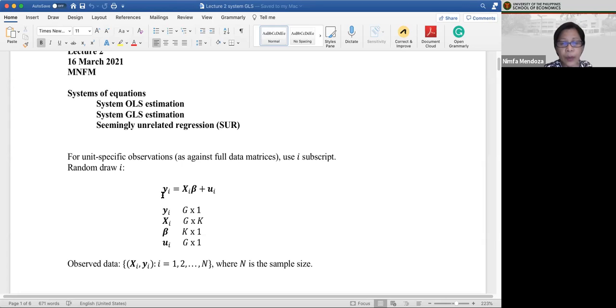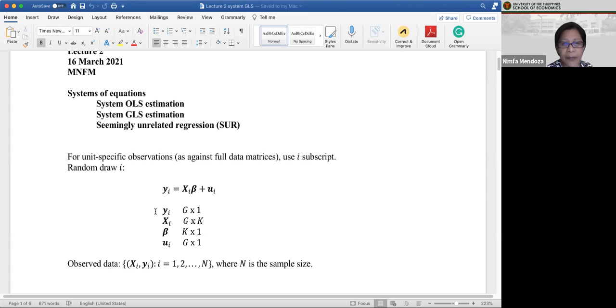Those symbols in boldface indicate that they refer to matrices or vectors. So for example, y sub i is G by 1. So we have G response variables. Therefore, we have G equations.